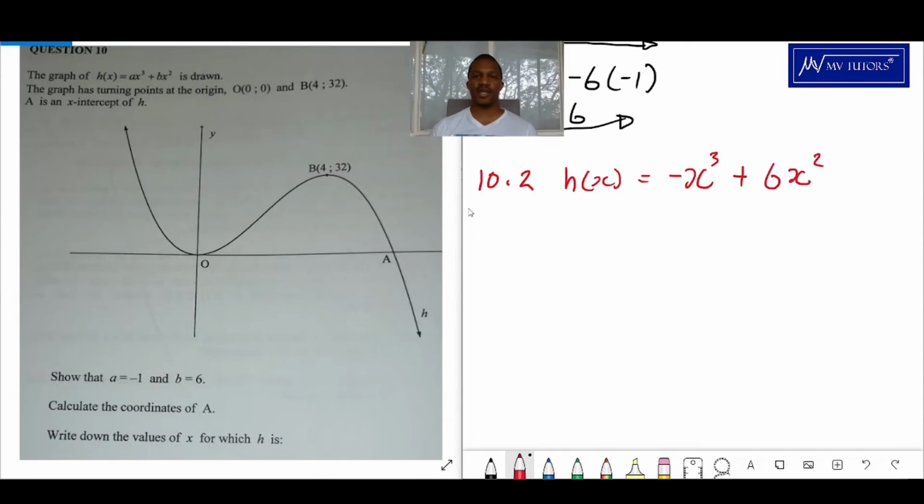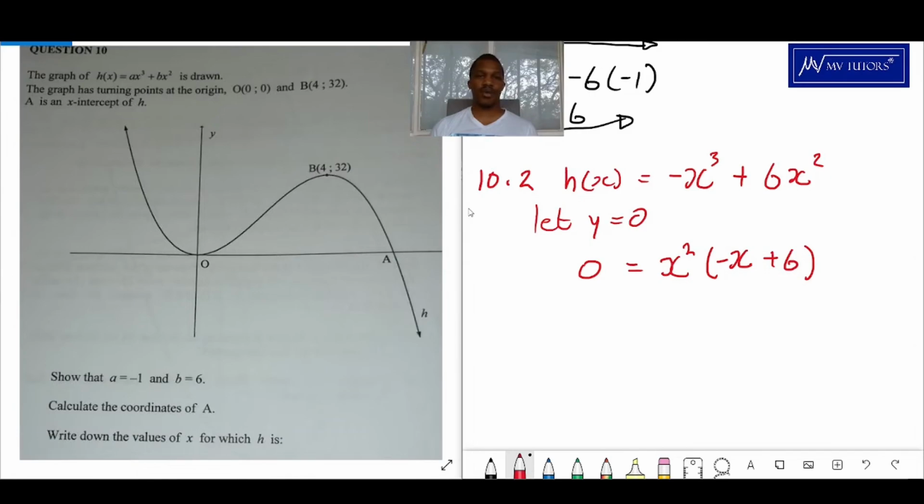Now we're going to let y equal 0, so 0 is equal to, now I need to factorize this. I'll take out x squared because it's the highest common factor amongst both of them. So I have minus x, and here I have plus 6.